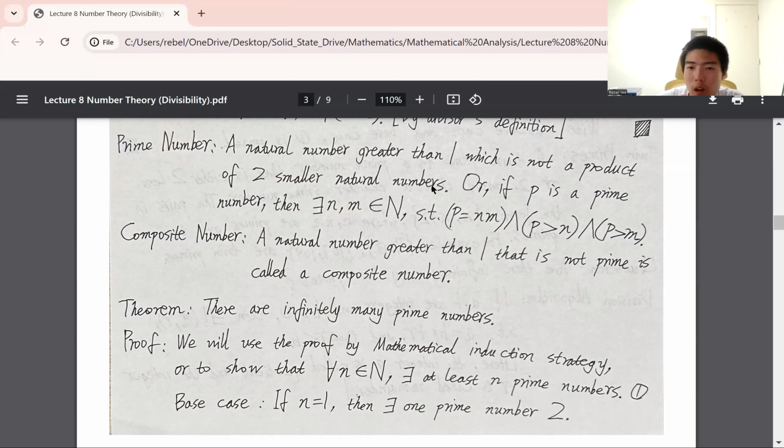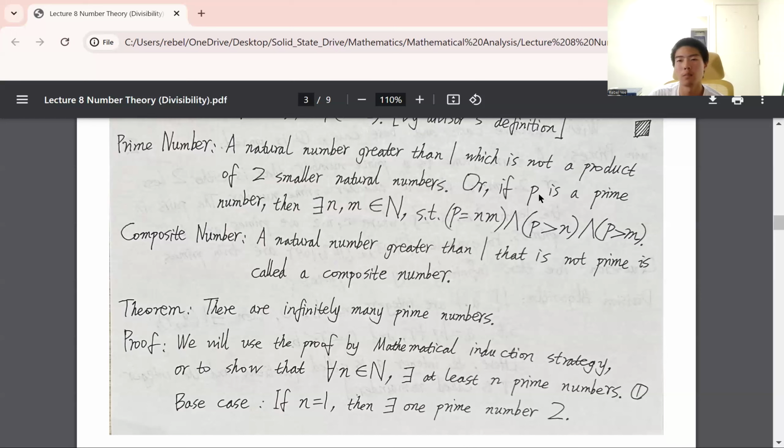This is well defined because greater than 1 means it starts with 2, and it's not a product of two smaller natural numbers. So every prime number has just two divisors, itself and 1, because it cannot have smaller natural numbers as divisors.